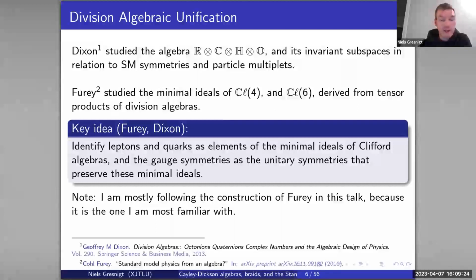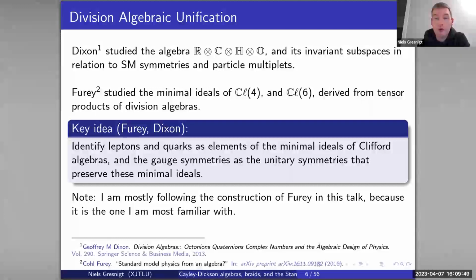So Dixon has written a couple of books on this and a lot of papers. He studies the algebra which is the tensor product of the four division algebras, and then looks at different invariant subspaces in relation to the standard model symmetries and particle multiplets. Whereas Furey is very similar. She studies the minimal ideals of Cl(4) and Cl(6).